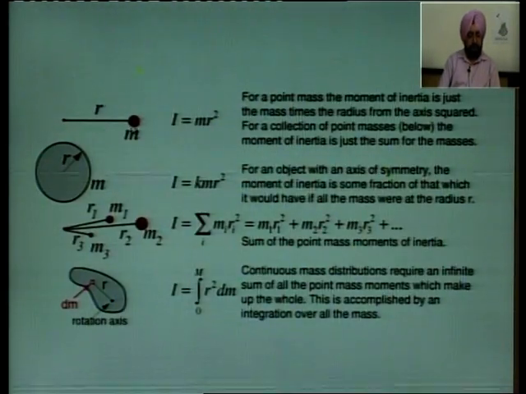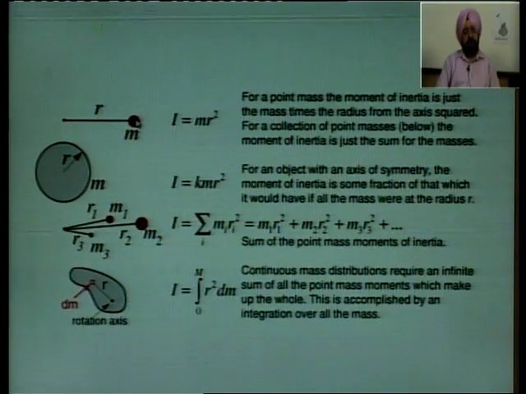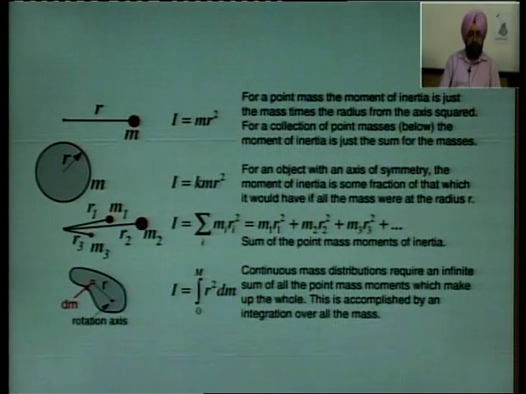If you have a point mass, what is a point mass? Point mass is any body whose dimensions are very small as compared to its surroundings. For a point mass, moment of inertia is just mass multiplied by the square of the distance from the axis of rotation.